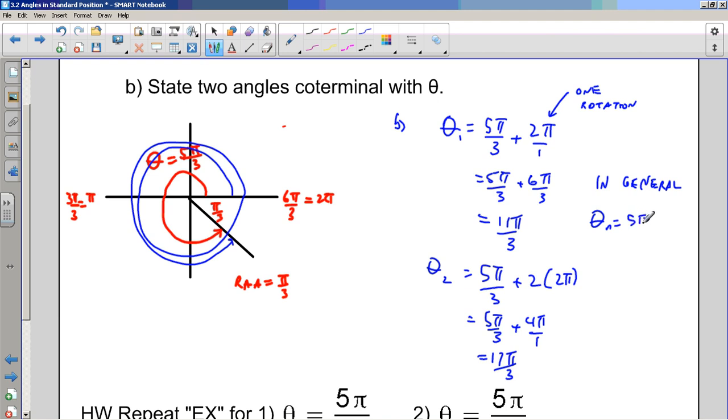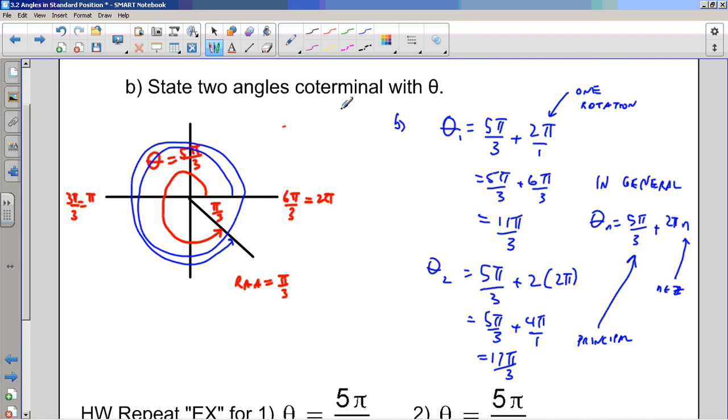It's my 5 pi over 3, which remember is called the principal angle. That's the principal angle. Plus any number of spins. I could go 1 spin, 2 spins, 3 spins, 4 spins, any number of spins. N spins, where n is just some integer.